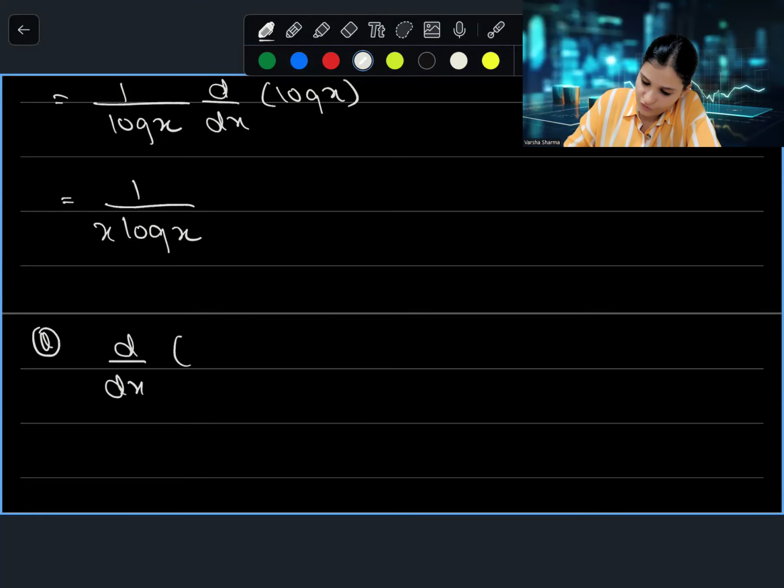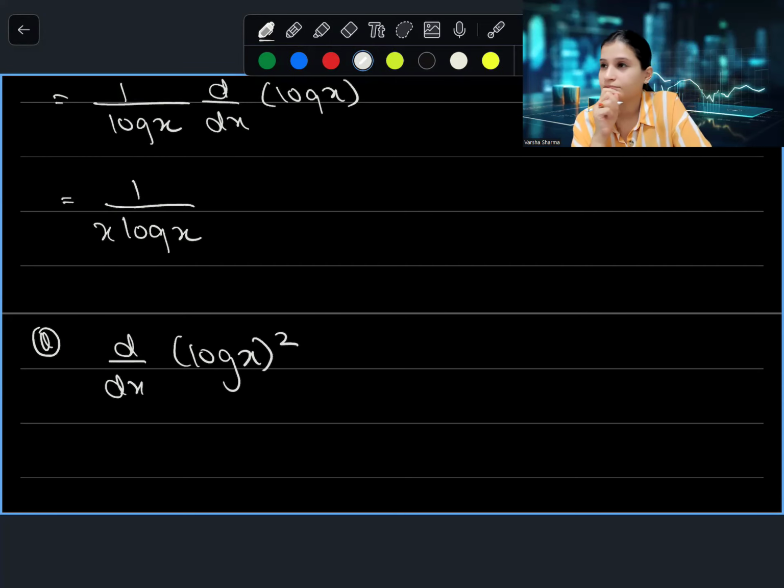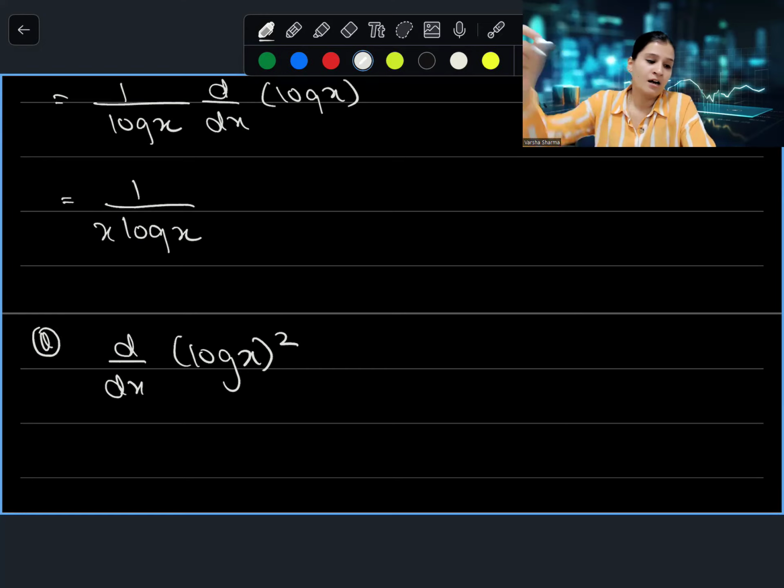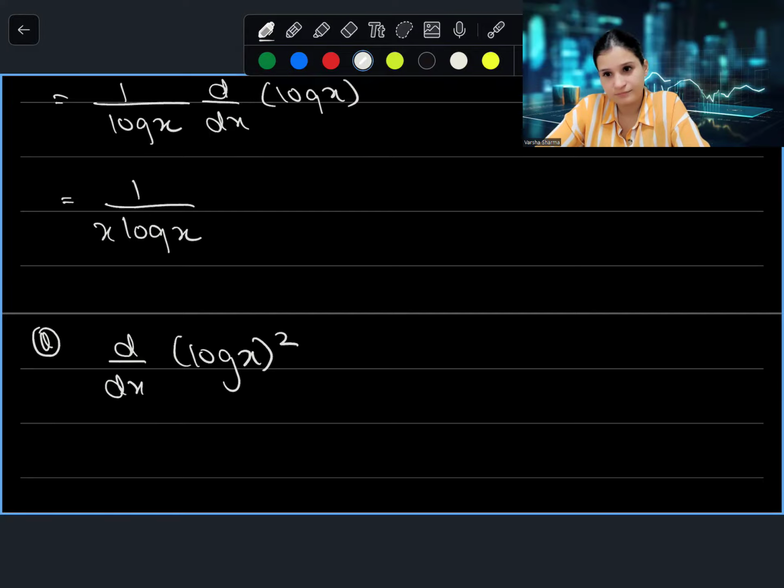What is the differentiation of log x whole square? Two log x by x. Yes, 2 log x by x.